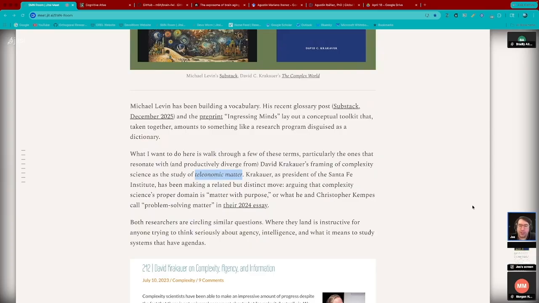Those are more my words than his: problem-solving matter with purpose, things that encode a bit about the environment and have some internal record. He juxtaposes it with a ball rolling downhill or uphill: the ball is just rolling along as dictated by gravity in the environment. That's not necessarily encoding bits of the environment and making a choice.